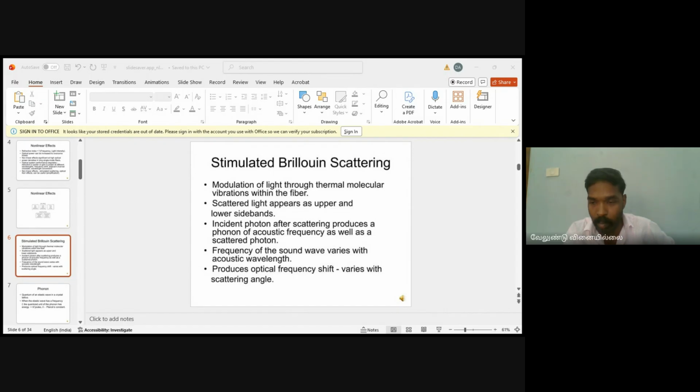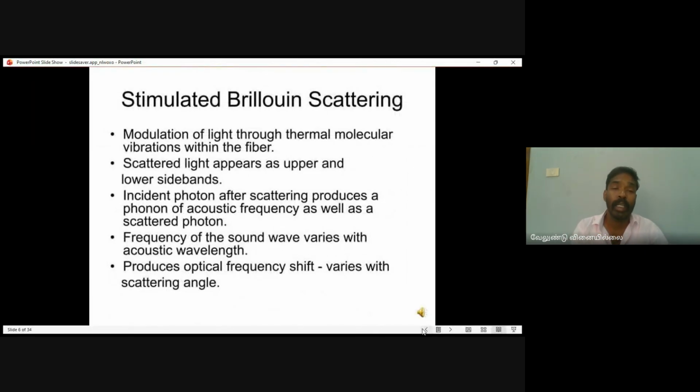So actually, I have a plan for writing up and giving diagrammatic explanations. The third point was that my scattering is divided into two parts. One is acoustic frequency, another one is scattered photon. This is called Brillouin scattering.